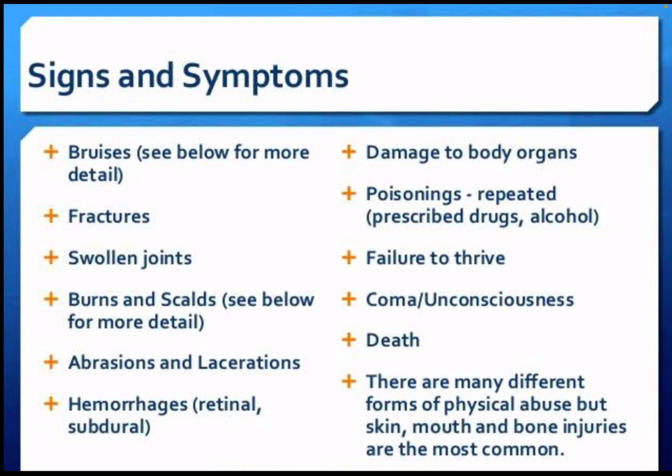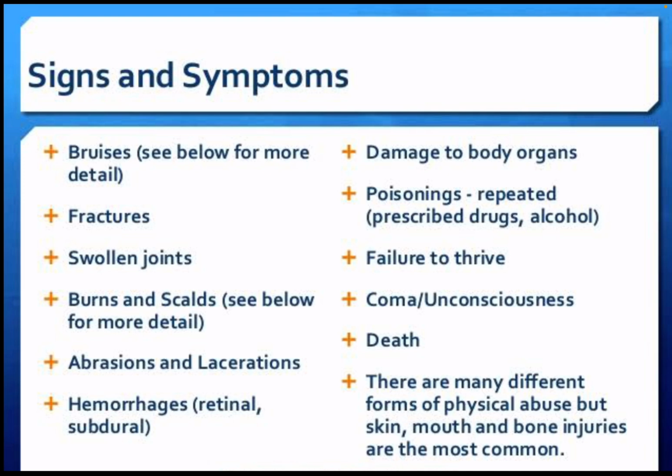You will also see a repeated history of poisoning. There would be failure to thrive. Failure to thrive means that the baby will not gain weight. He or she will be generally too weak.